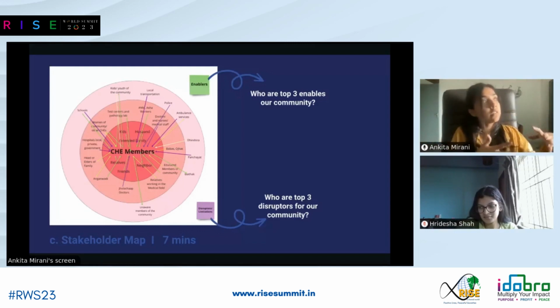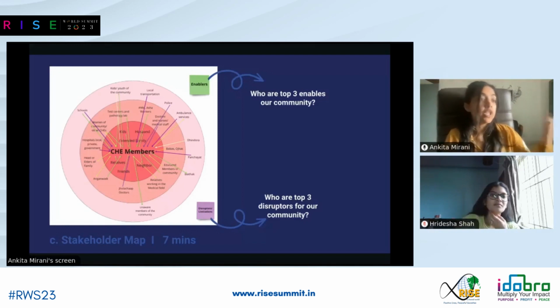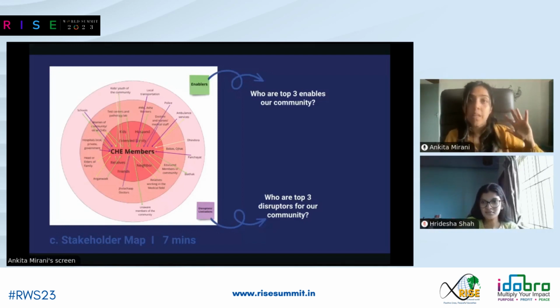The reason you do this is so that you keep in mind as you go ahead: are there some very concrete disruptors that you'd want to address in terms of making them enablers? Or is there any enabler you could introduce in your intervention that would make the entire intervention more effective? That's the reason not just identifying people, but also identifying their relation is important.